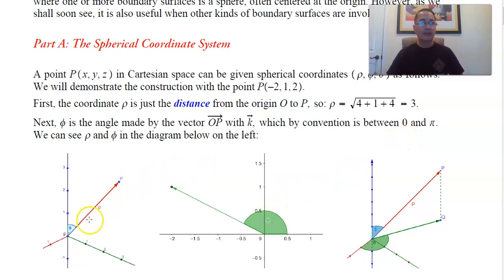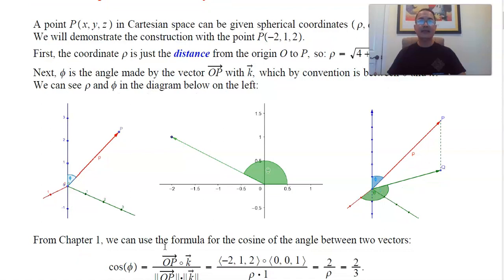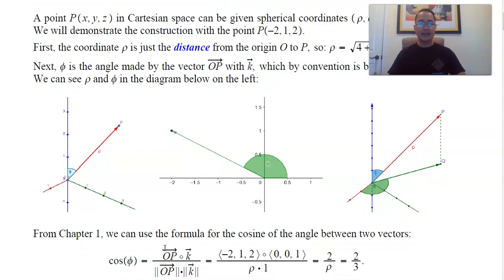Here I plotted P in Cartesian. So phi is this angle that OP makes with the positive z-axis. What about this last angle, theta? It's exactly the same thing that we did in polar coordinates.